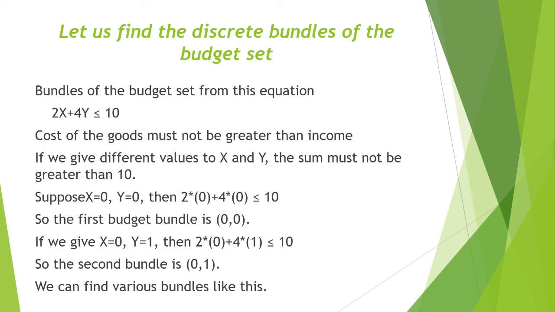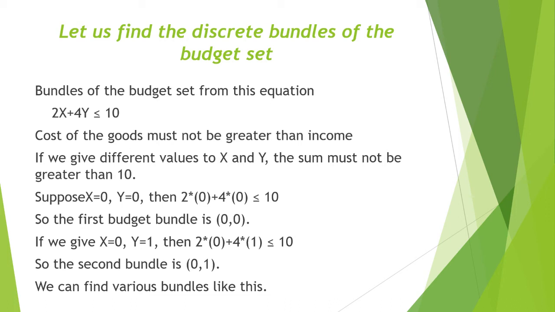Thus we find various bundles like (0, 2), (1, 0), (1, 1), etc. But if x equals 4, y equals 2, it will not be in the budget set because the equation will be 2 into 4 plus 4 into 2, that is 8 plus 8, which is greater than 10. Here the cost is greater than his income.